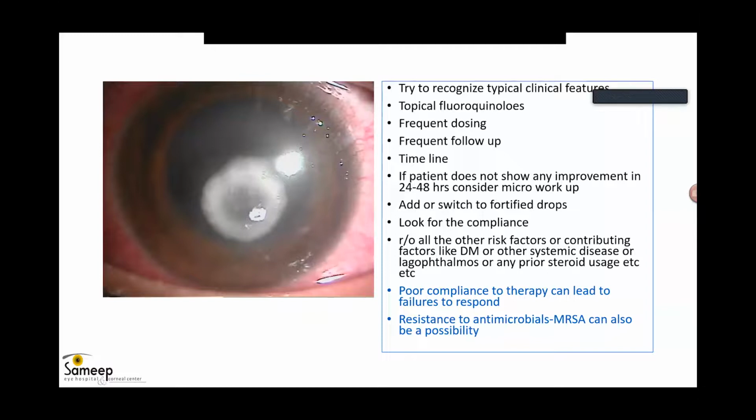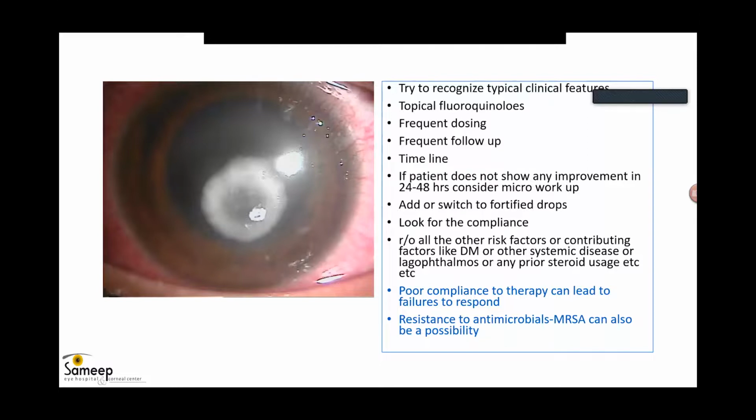And it's mandatory that you call these patients for frequent follow-ups. You have to see them in the first 24 hours after starting the antimicrobials, and then more frequently based on how they are responding. So if I describe the timeline, call them after 24 hours. If you see there is no worsening, then call them after a day or two, so that you watch the progression.